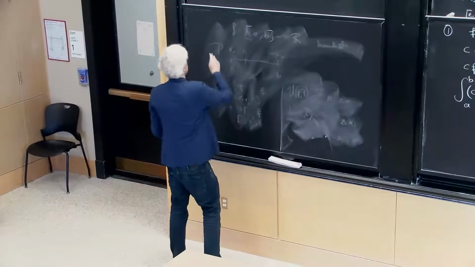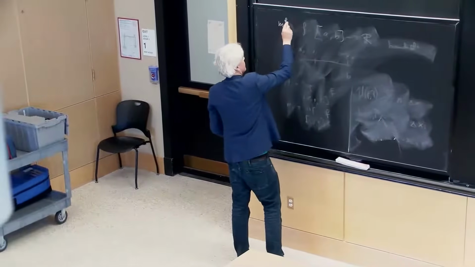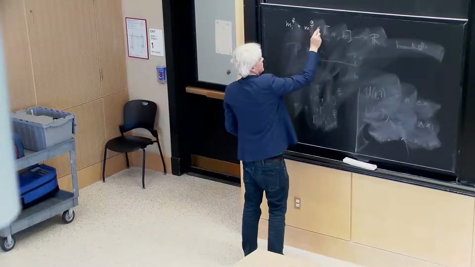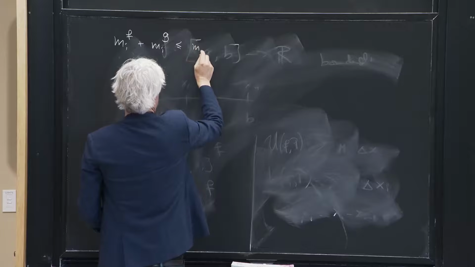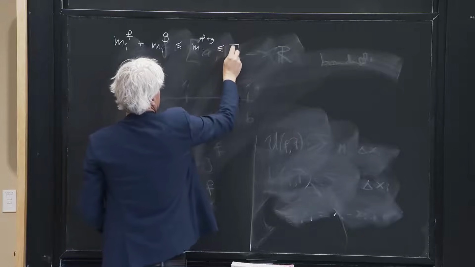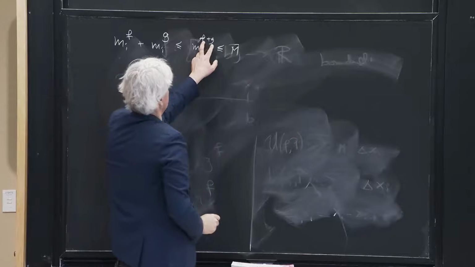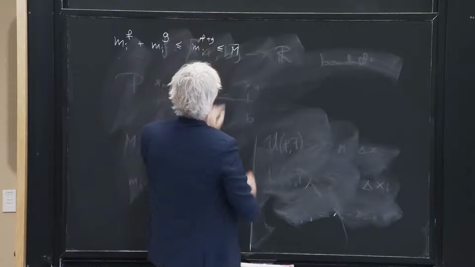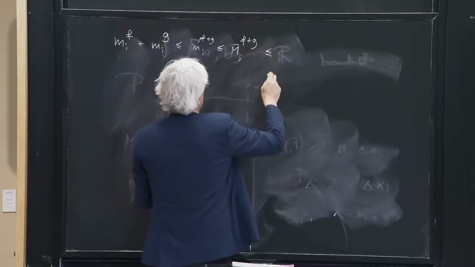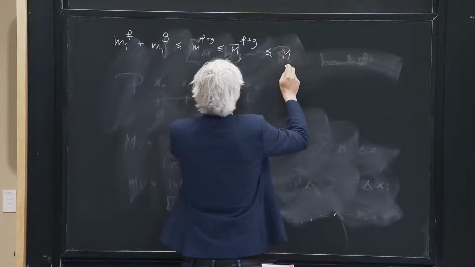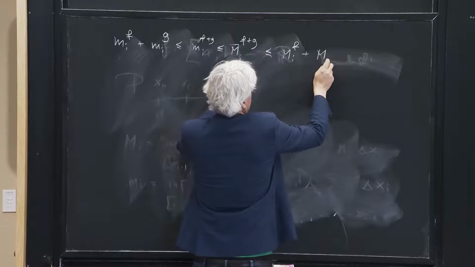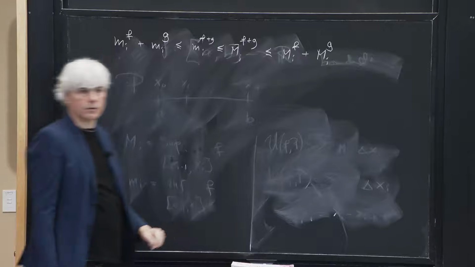What we have is little m_i for f plus little m_i for g is less than or equal to little m_i for the sum, which is, of course, less than or equal to the sup of the same sum on the same interval. And that's less than or equal to the sup of f on that interval plus the sup of g. So you have that inequality.